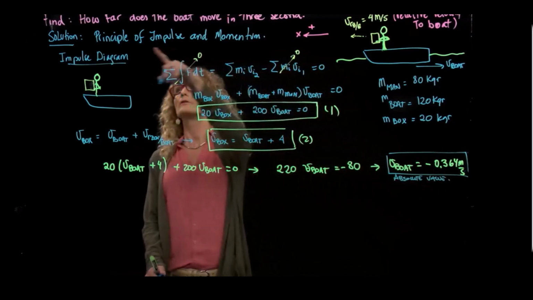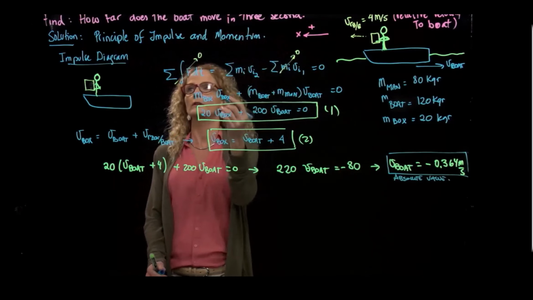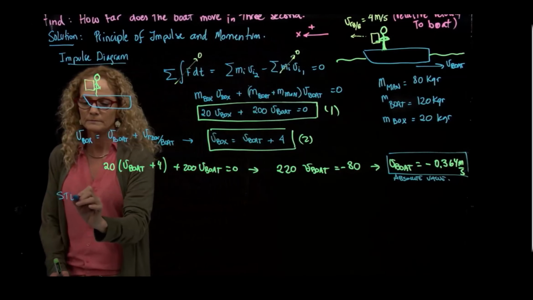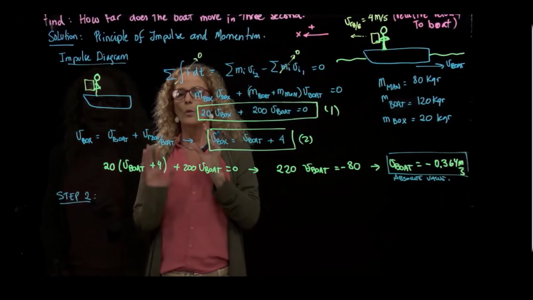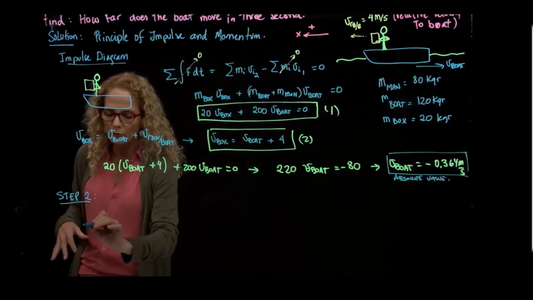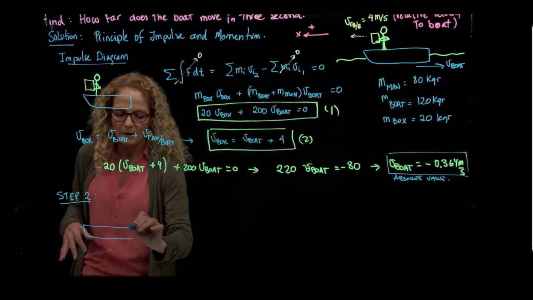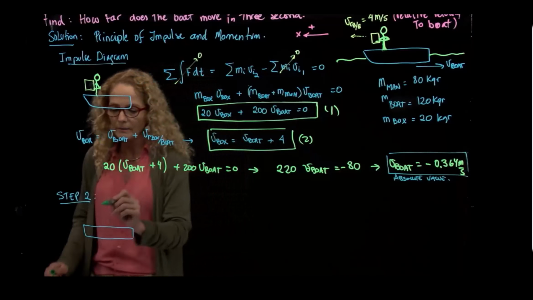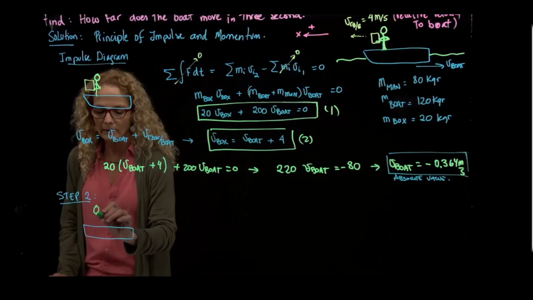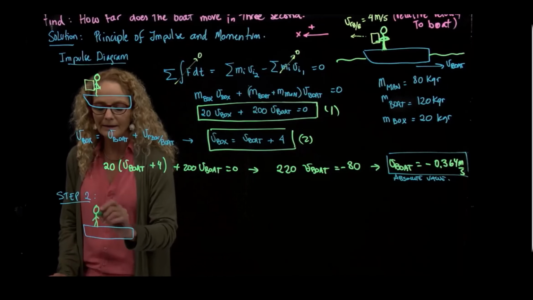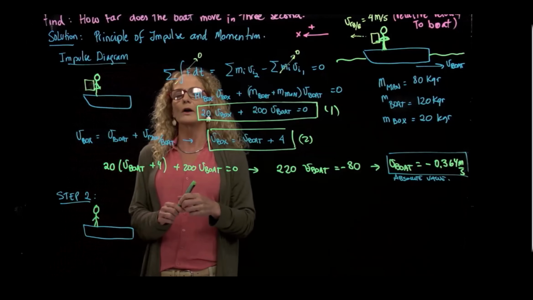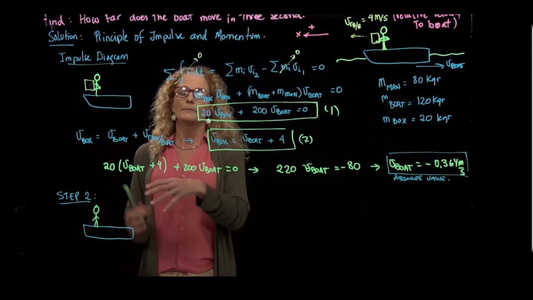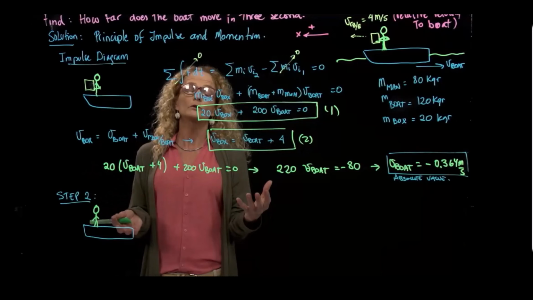Then we want to find how far the boat goes. This will be step 2. Once the person loses the box, he is riding the boat, and there is no impulse due to the water because we said the water doesn't create any resistance.